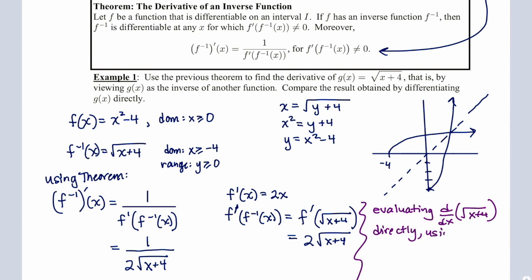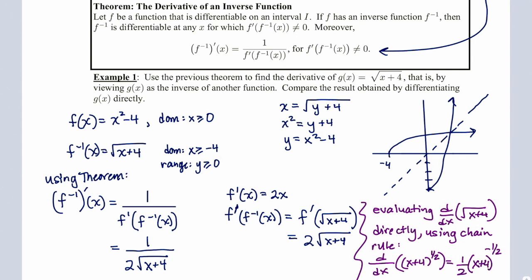We would need the chain rule because we have the square root with another function inside of it. We would say, all right, that's the derivative of x plus 4 to the 1/2, just rewriting. Then we use the power rule to differentiate the power of 1/2, leaving the x plus 4 just as it is.